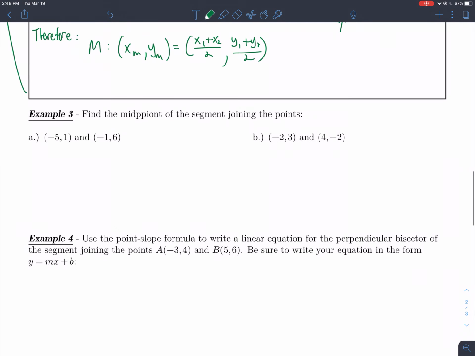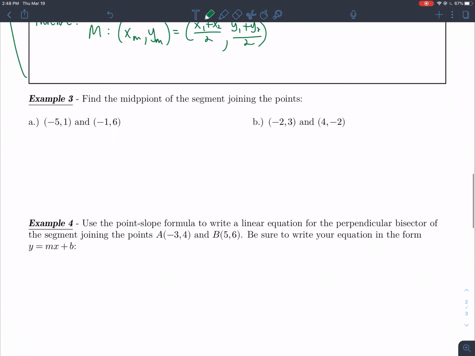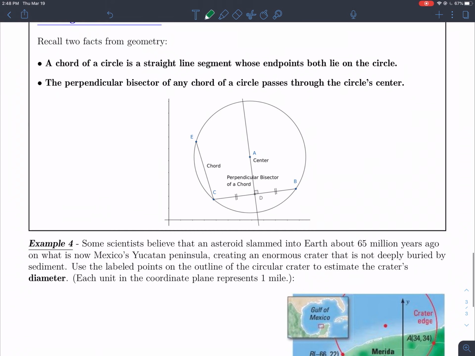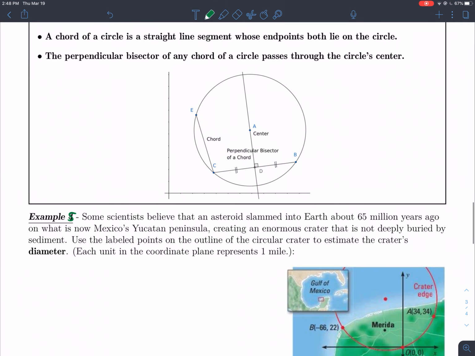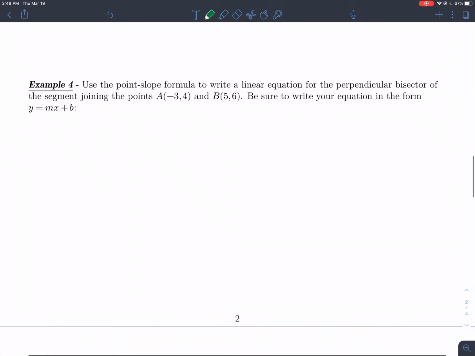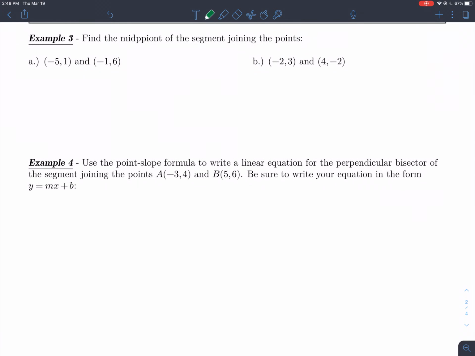We'll do example 3 and 4, and then I think I have a completely different video for example, ooh, there's a numbering mistake. This should be example 5, I guess. I think I already have a different video for this on Schoology, so I'm not going to make it part of this video. I think it'll be separate. And if that's not the case, then I will make a new video for example 5.